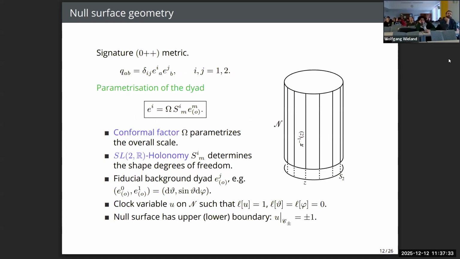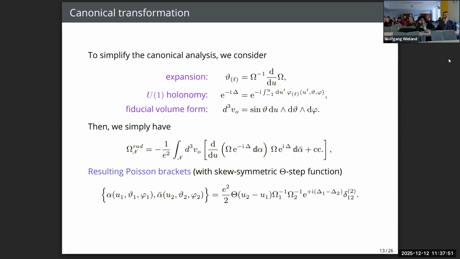d by du is just a null vector along, intrinsic to the null hypersurface, along these null rays. So there's a clock variable, and the 2 cuts, C plus minus, are at boundary values plus minus 1. And then there's also the U1 holonomy, which is just this U1 frame rotation along the null rays.